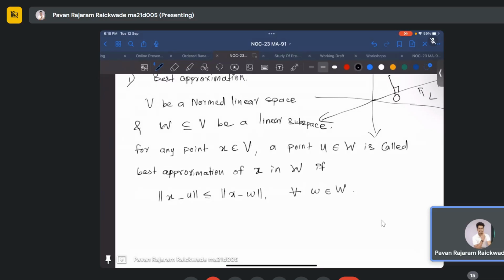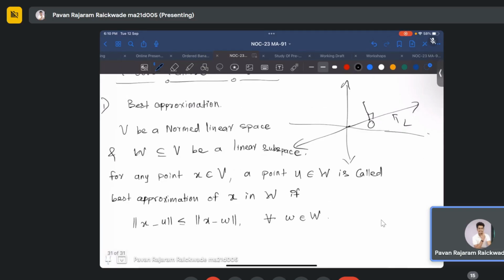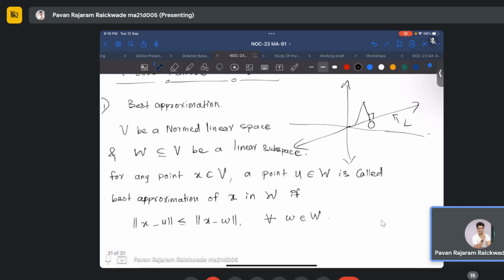Okay, this inequality may be familiar to you. This is kind of minimizing the distance, right? This is what you do in this line example, right? We calculate the distance of this point from every point in the space. You can see which is the least distance, this distance, right? Because of the Pythagoras theorem, you can always say this distance will be more than this distance, right?